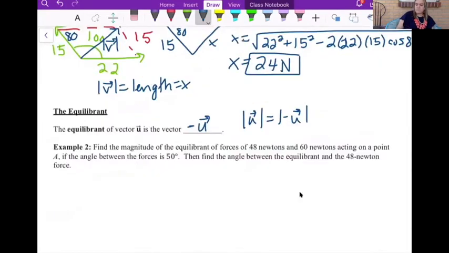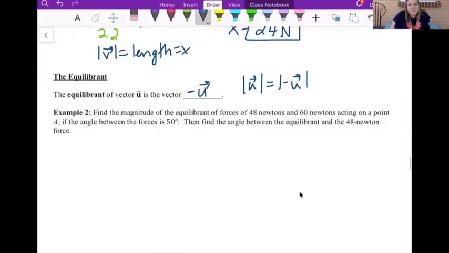So this picture gets a little interesting, so let's take it step by step. We first want to find the magnitude of the equilibriant, but again, it's going to be equal to the same thing. So we just need to find the magnitude of the force.